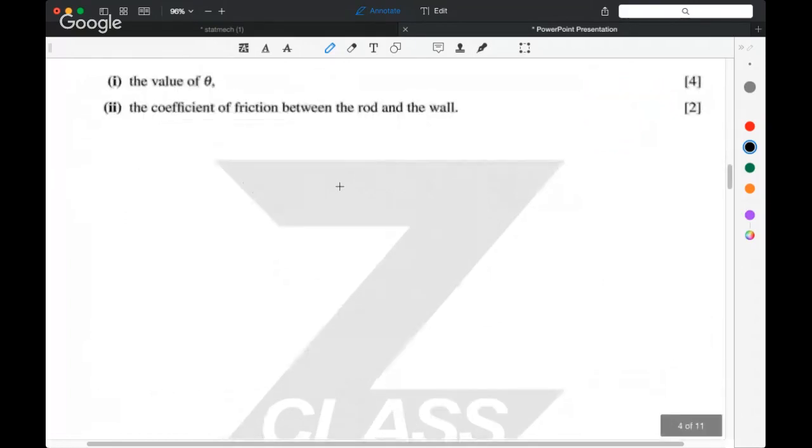Okay, so now they want the coefficient of friction between the rod and the wall. So let's look at what's happening at that point. So here's our point A. There's the rod leading down like that, and the forces that are going on. Well, we know that this rod must be exerting some force in there, and there is some force acting like this.